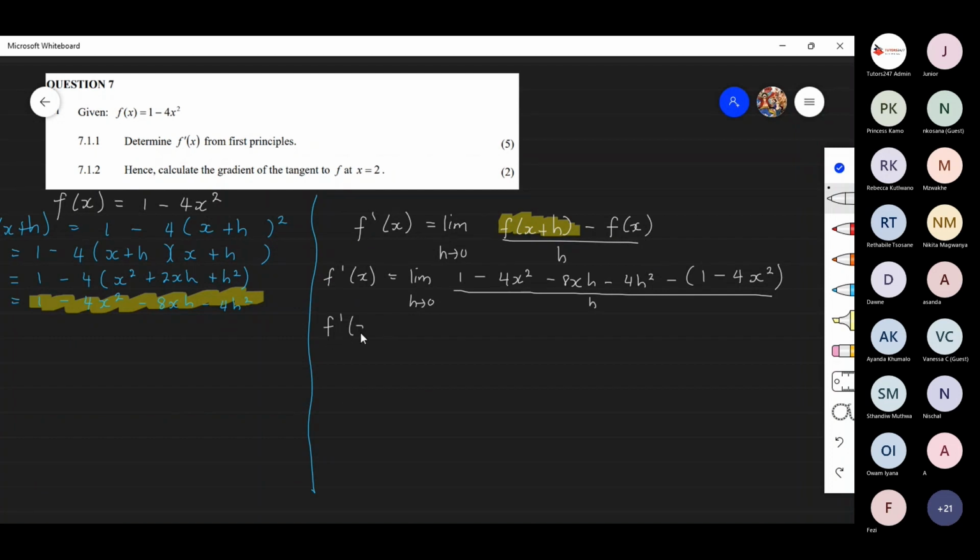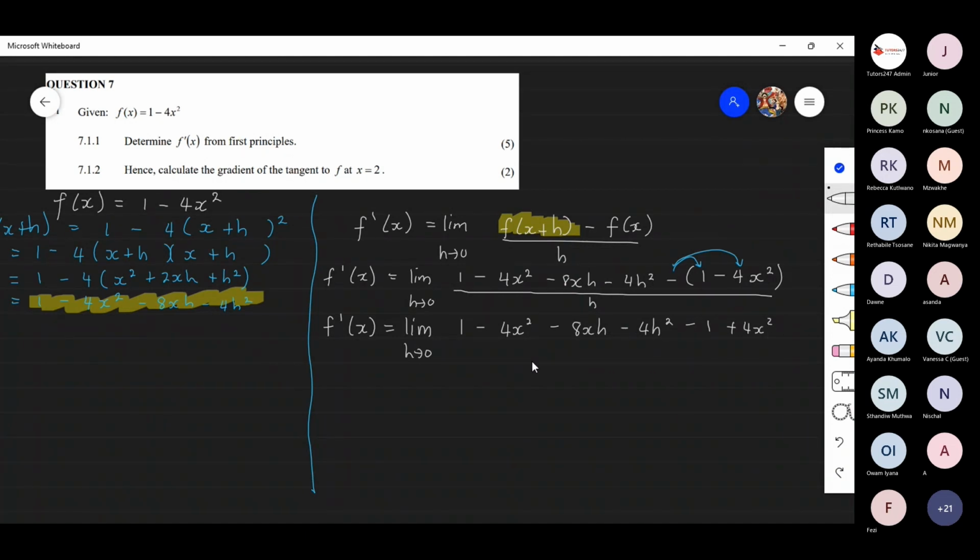So we've got f prime of x equals the limit as h approaches 0. Now all we need to do is multiply this negative sign into our bracket. So we're going to bring down 1 minus 4x squared minus 8xh minus 4h squared minus 1 plus 4x squared.